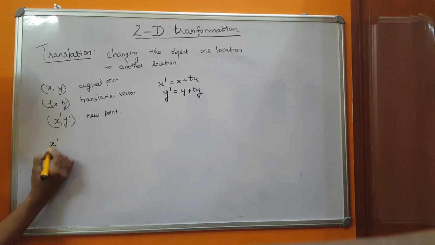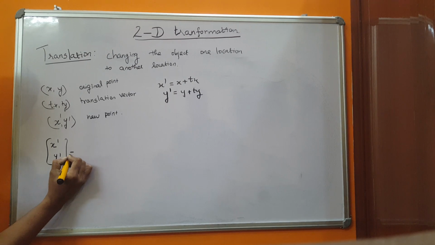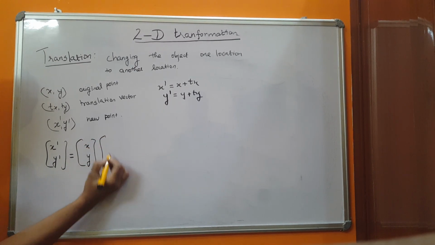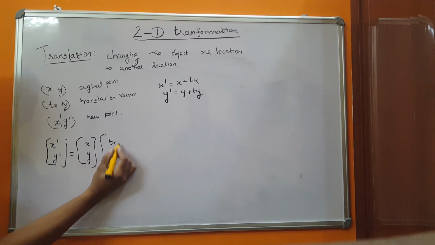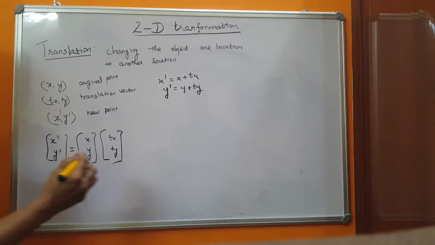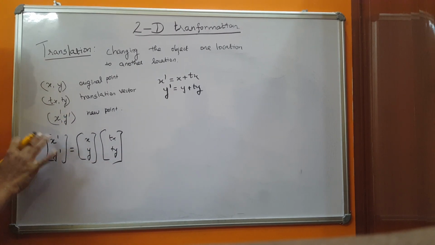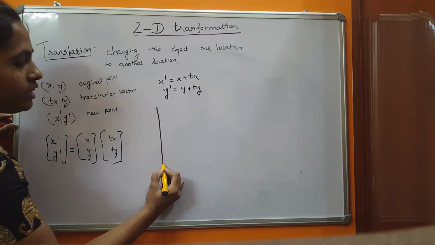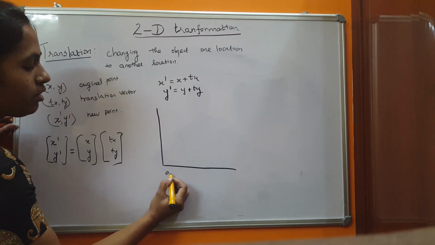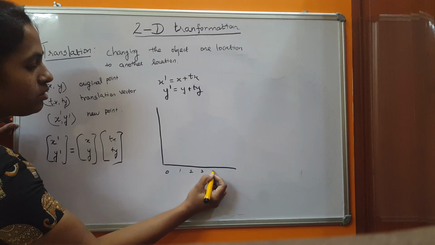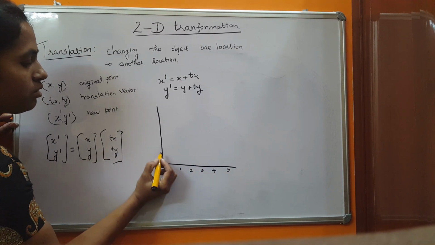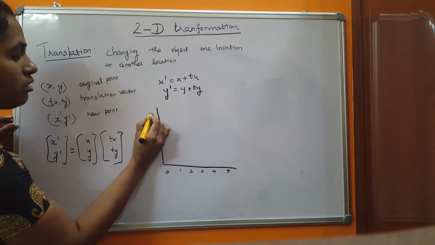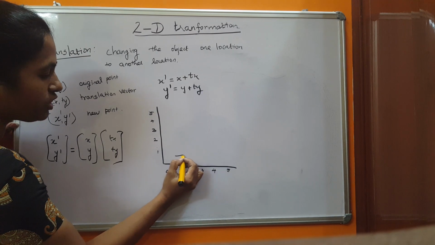In matrix representation, the translation is x dash y dash equal to xy old point into tx ty. It is matrix representation for translation. In diagram, before translation, the object is in this location.